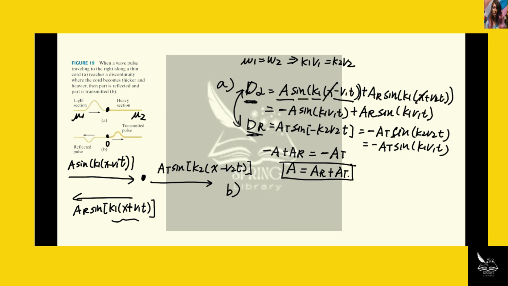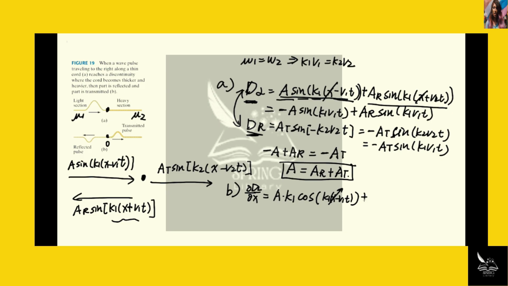So the derivative to the left equals the derivative of the initial wave plus the derivative of the reflected wave. For the initial wave, we have A times k1, sine becomes cosine: cosine(k1 x minus v1 t). But again, x equals 0.